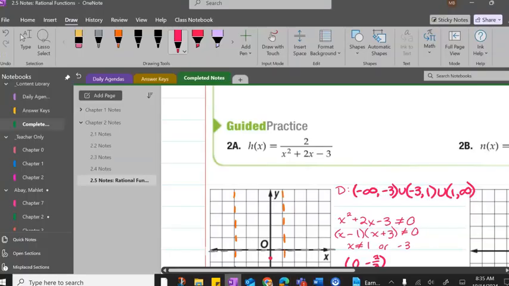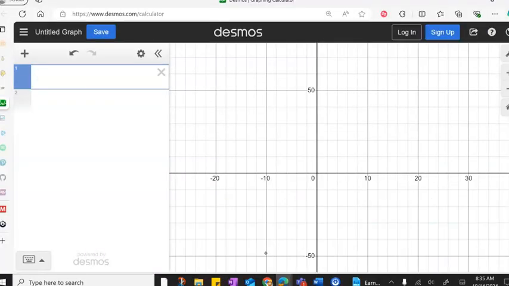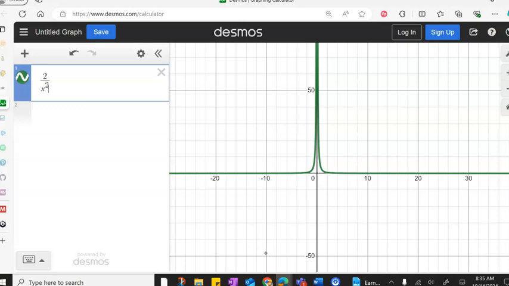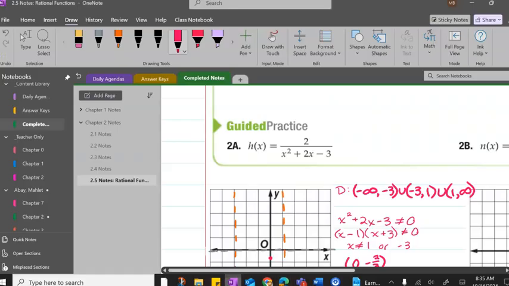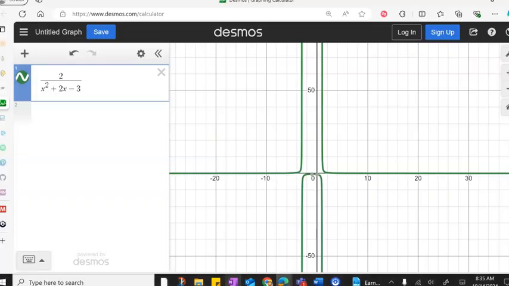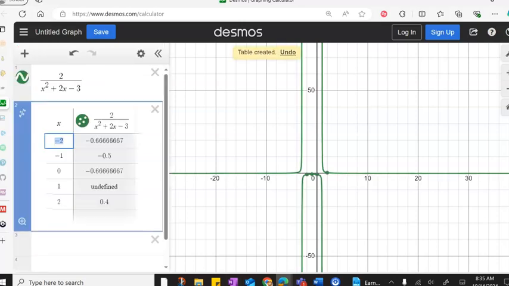Okay, we're typing 2 over x squared plus 2x minus 3. Let me double check that. Yes, that's correct. Okay, you can also then hit the gear wheel, hit the table.